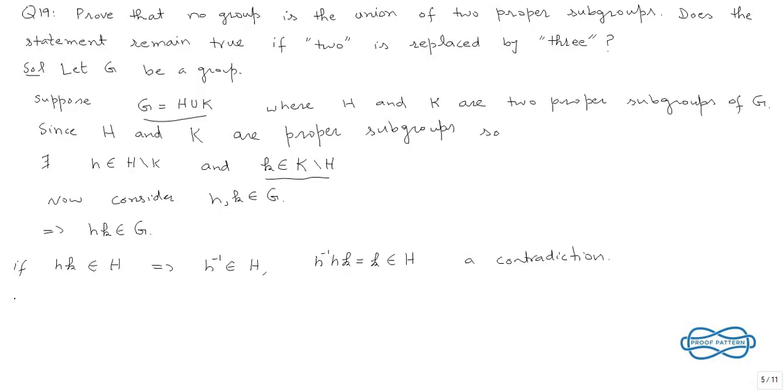And similarly, if this hk belongs to K and also the k inverse belongs to K, this means hk k inverse, which is actually equal to h, belongs to K. But we know that this h belongs to H but not K, so this is also a contradiction.